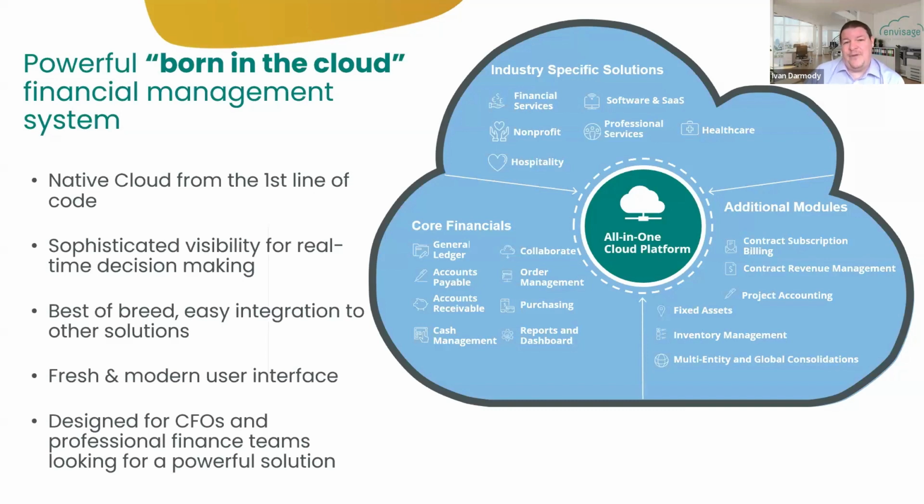On top of that, you then have industry-specific solutions. So again, there are additional modules in there, which we will cover off later on in the presentation, specific for the likes of financial services, not-for-profits, SaaS companies, etc. If for whatever reason you have additional functionality requirements and you want to go outside of Sage's own stable, there is what is called Sage's Marketplace.